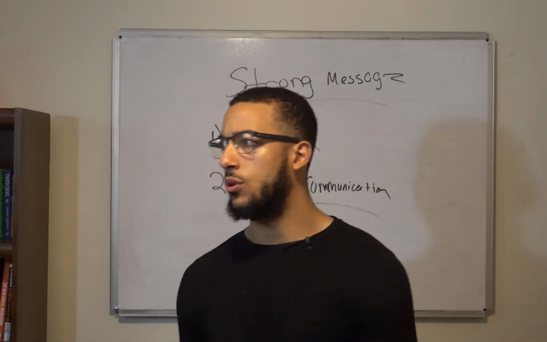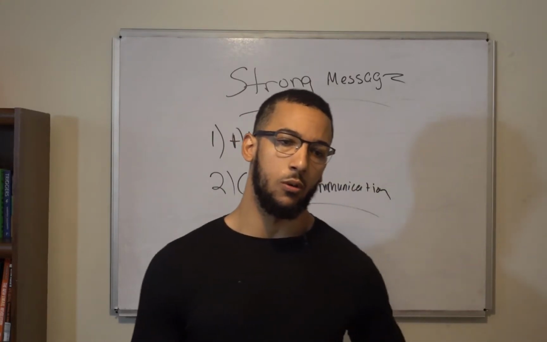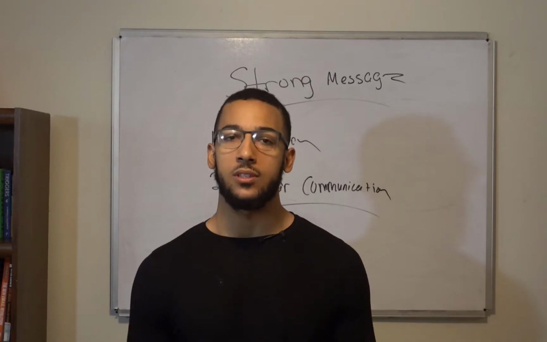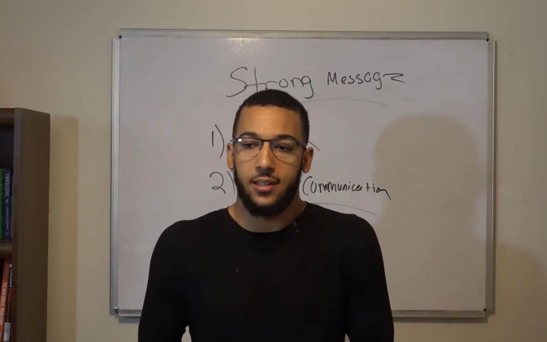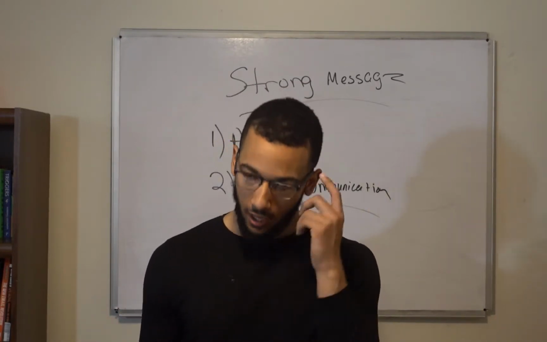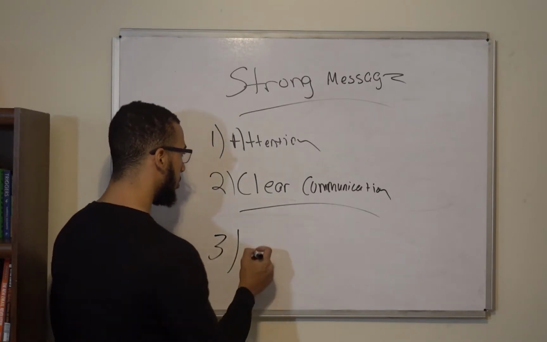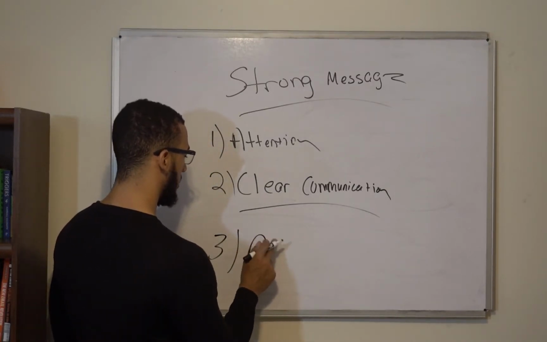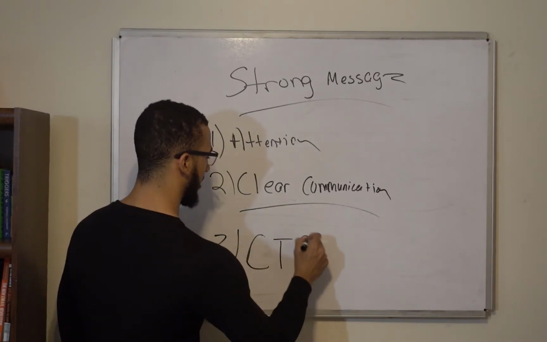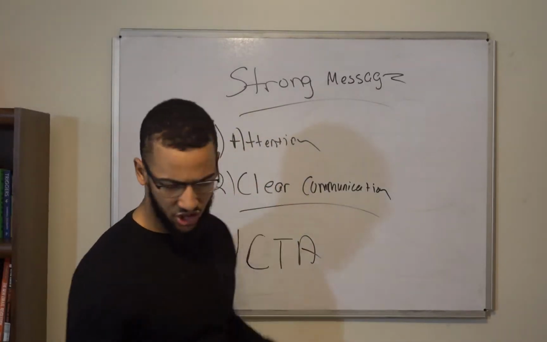So one client I used to work for, he had an online university, and what he called it is the Netflix of business learning, right? So it's like, oh, okay, I get it, right? So clear communication. Number three, you need a call to action, right? So let's get into attention, number one.